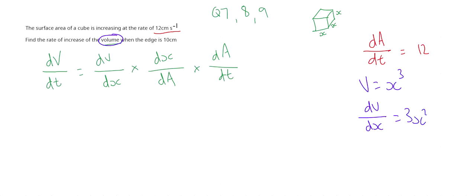This is the volume as it is affected by the length. Remember, the derivative is always the rate of change. So it's about the gradient, right? The gradient is about the rate that something is changing. And so that's what we're looking for, the rate that the volume is changing based on the length. So we've got this bit here. So this is going to be 3x squared.